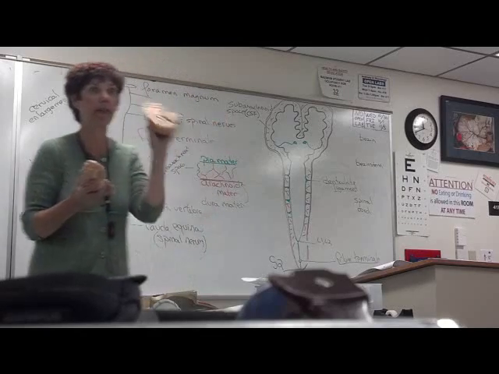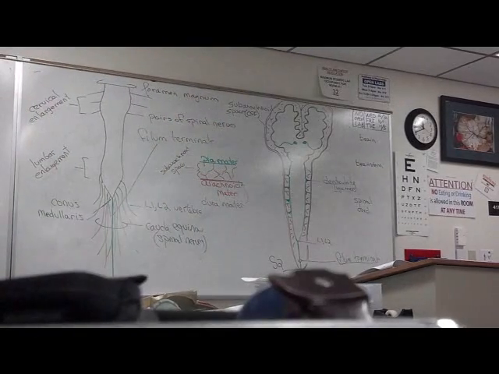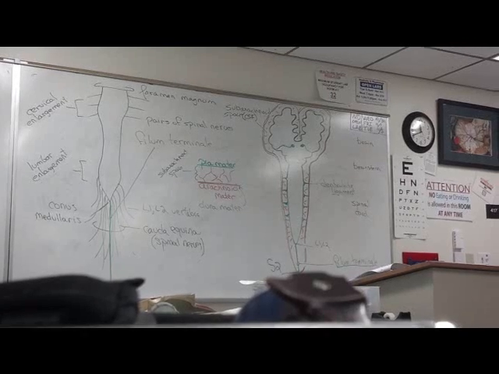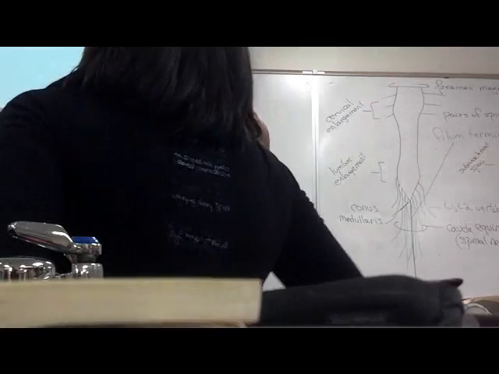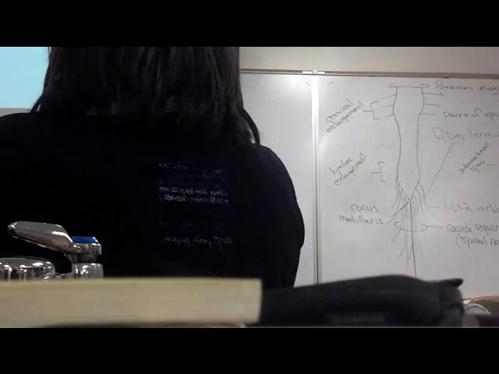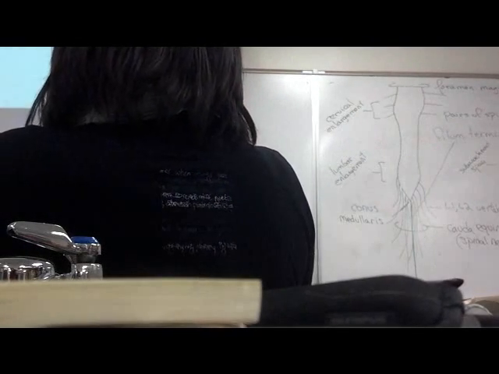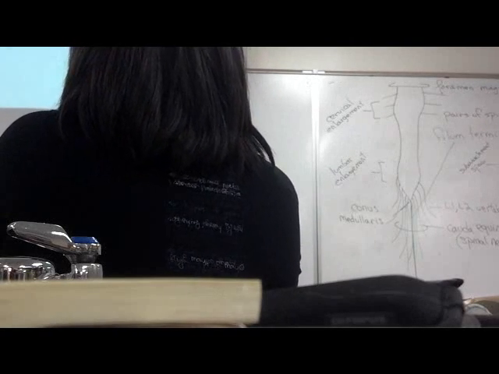So a hemisphere is half of a brain, right? Cerebral hemisphere, telencephalon, and the diencephalon is going to be here in the center. So when we have this half of a brain, as we'll talk about on Thursday, there are fibers that connect one side of the brain to the other. So frontal lobe to frontal lobe, temporal lobe to temporal lobe, parietal lobe to parietal lobe. And they form this C-shaped band of white matter that we'll talk about on Thursday.